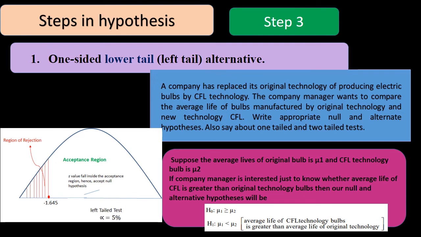Then how can we set the lower tail alternative here? If we set the alternative hypothesis as the average life of bulbs produced with the original technology is less than the average life of the bulbs with the CFL technology, then because of this less than, it should go to the lower tail or left tail.